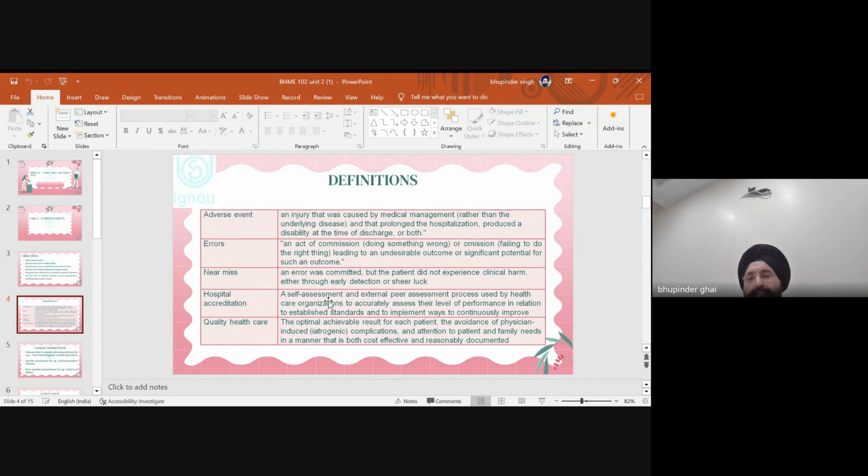That means the assessment is of two types: either an internal assessment or an external assessment. And why is this assessment done? It is done to check that the organization or the hospital is following the laid down procedures for giving healthcare facilities to the needy.